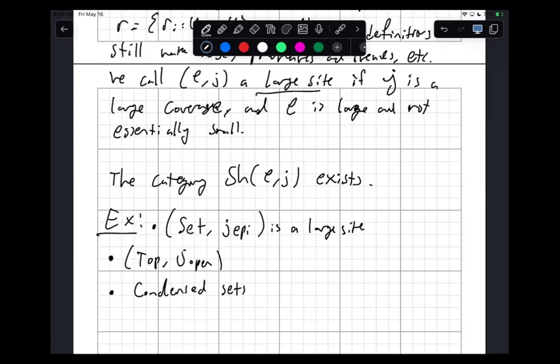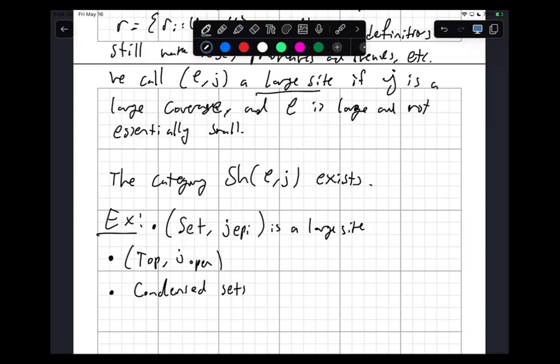This actually forms a large site. It's something really useful and popular in algebraic geometry today, and yet it is not a small site, and this causes annoyances. I've read online people being very confused about this. So let's talk about that for a second.